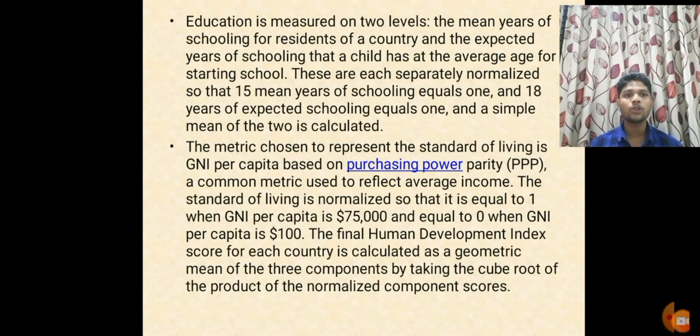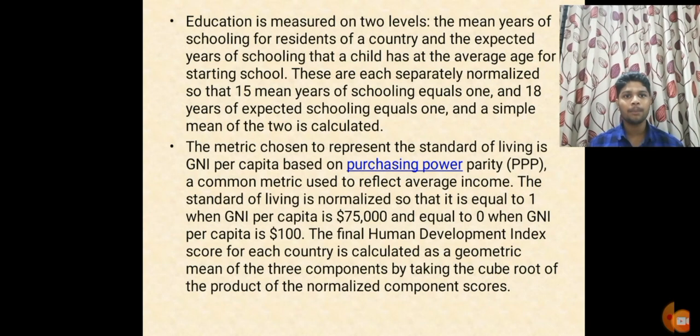Education is measured on two levels: the mean years of schooling for residents of a country and the expected years of schooling that a child has at the average age for starting school. These are each separately normalized so that 15 mean years of schooling equals 1 and 18 years of expected schooling equals 1, and a simple mean of the two is calculated.